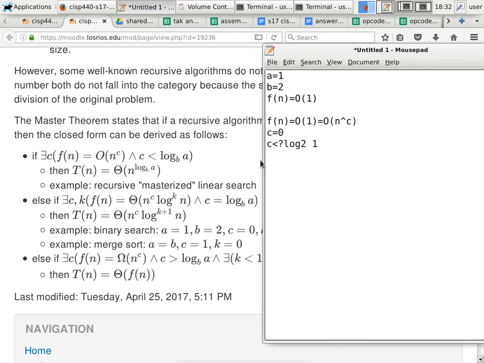There we go. So we don't really have a choice about c. c is going to be 0. What about k? k is 0 as well. So now is the condition met? In other words, does c equal log base b of a?